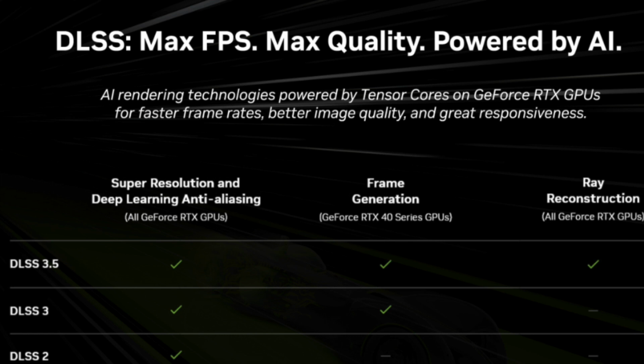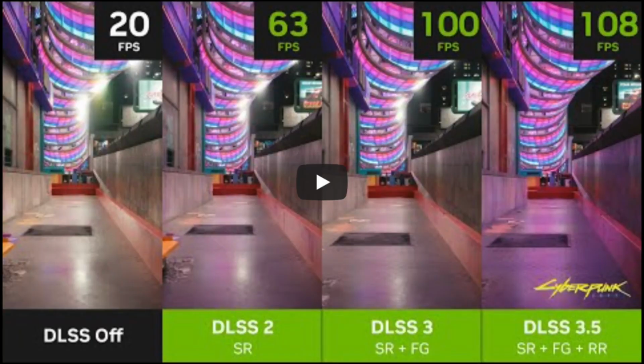Let's start when DLSS was just version 1 and 2, it was just a super resolution technology. With the introduction of DLSS 3, you then introduced frame generation technology, but you still had super resolution under that. And then DLSS 3.5 is now adding on a third technology. The problem is these are supported by different GPUs. Okay, so let's take a look at this graph.